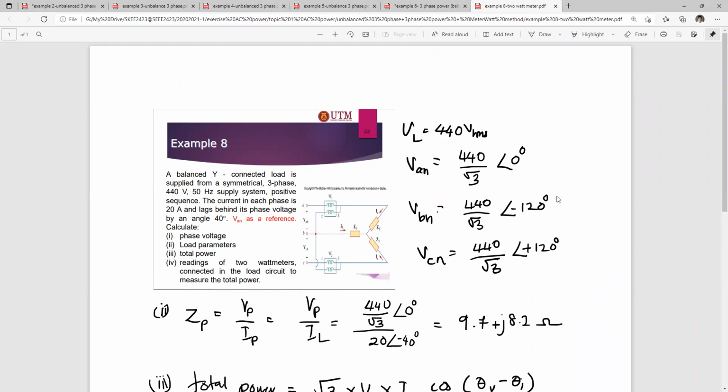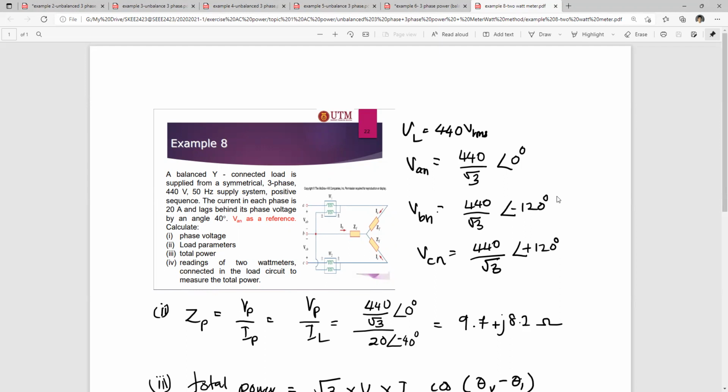The first is the 3-wattmeter method, where all phases are connected with a power meter. The other method uses 2 wattmeters instead of 3, but this is only applicable if the load is balanced.